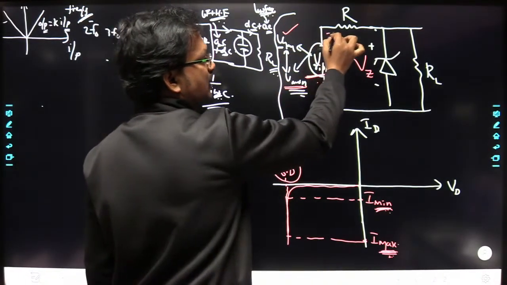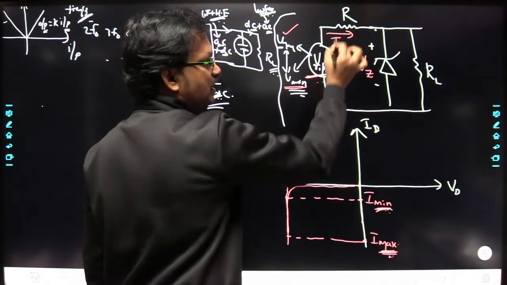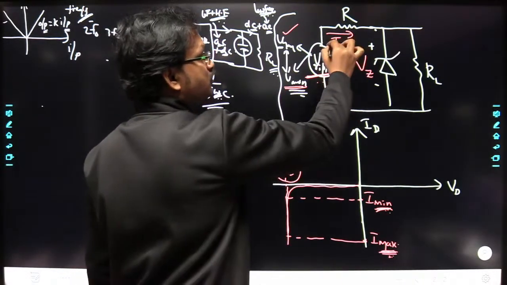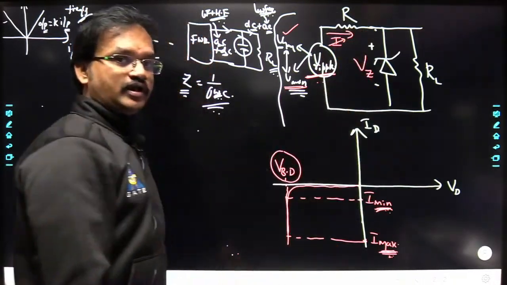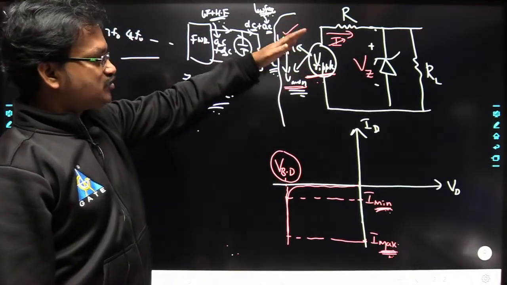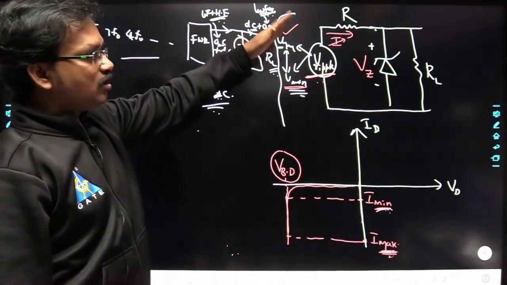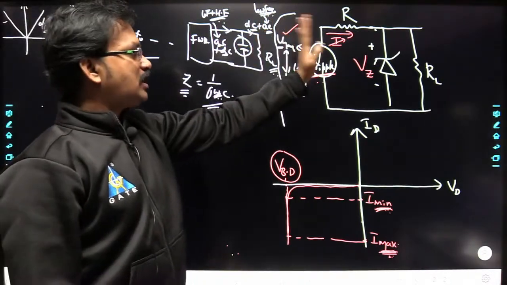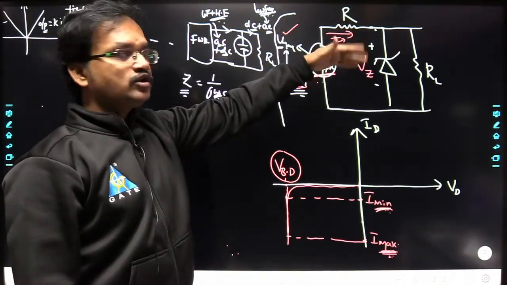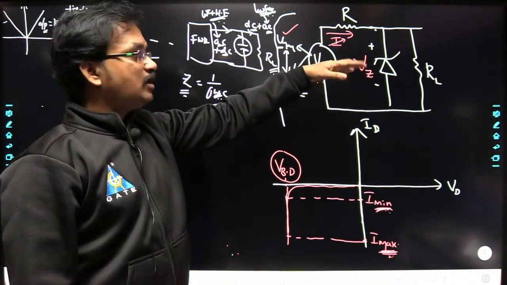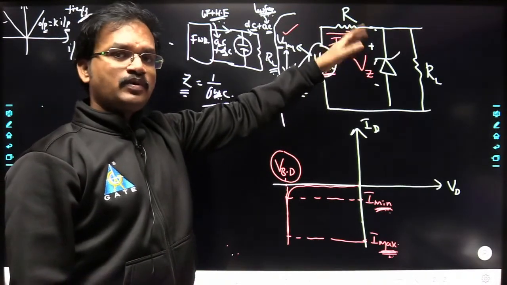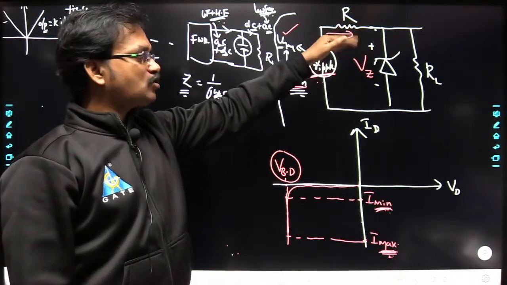That means the current it is going to pump is also going to vary, or not? It is also going to vary, because the voltage is fluctuating between V maxima and V minima, and hence the current is also going to fluctuate, from I maximum to I minimum. Yes or no? Okay.